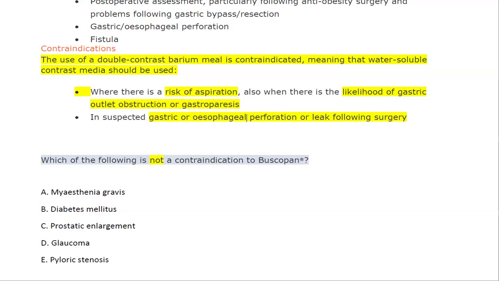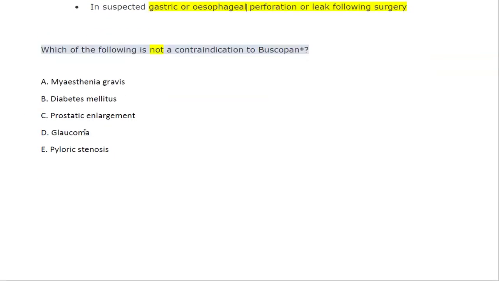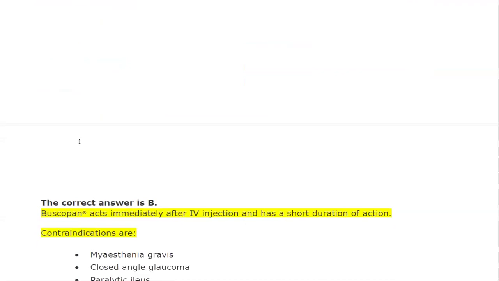This is the most common cause of failure, unfortunately. Okay, someone is saying glaucoma, and the other is saying pyloric stenosis. Okay, I think the answer is diabetes. Because all of these others are contraindications.